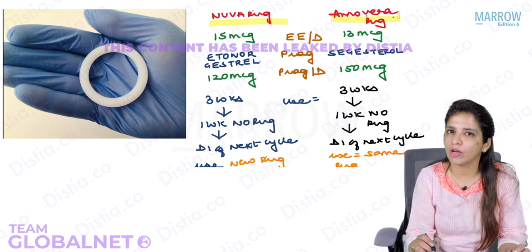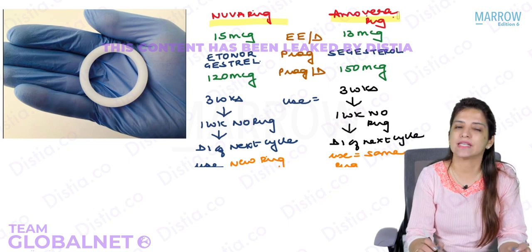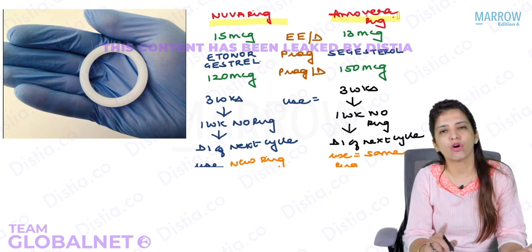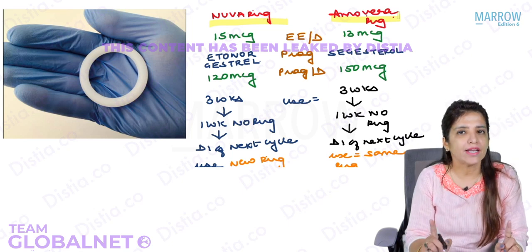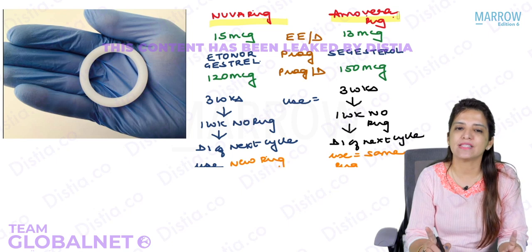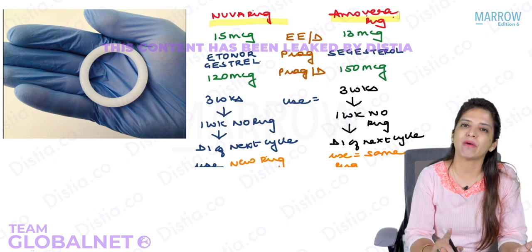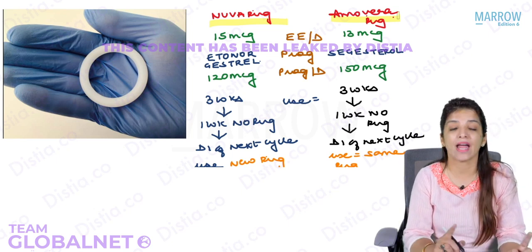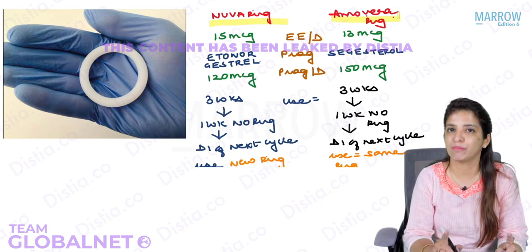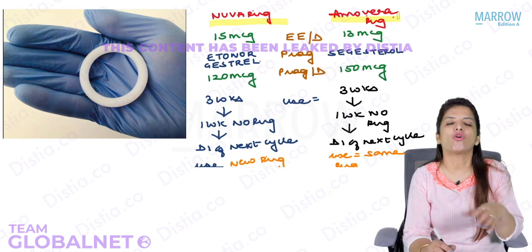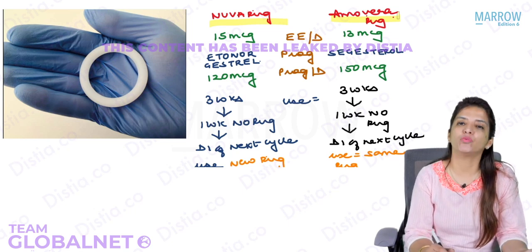Number 2, progesterone, which Nuva ring has got is etonorgestrel, and the progesterone which Anovera ring has got is segestrol. A Nuva ring is going to release etonorgestrel 120 micrograms per day, whereas an Anovera ring releases segestrol 150 microgram per day. Now, this is the compositional difference between Nuva ring and Anovera ring.